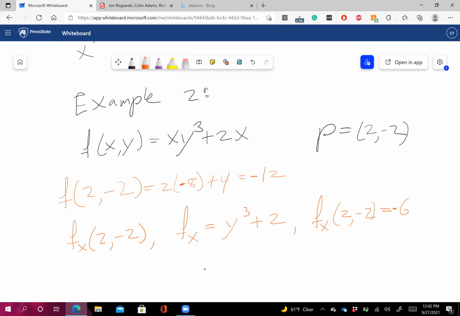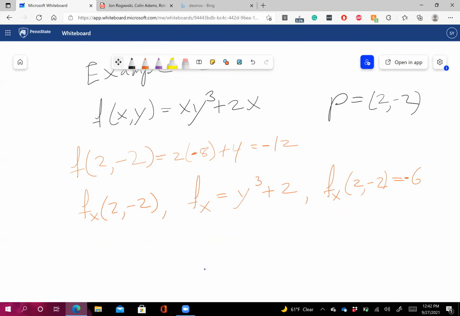Okay. And then the partial of f with respect to y at 2, -2. So what's the partial of f with respect to y? This is going to be 3xy squared.